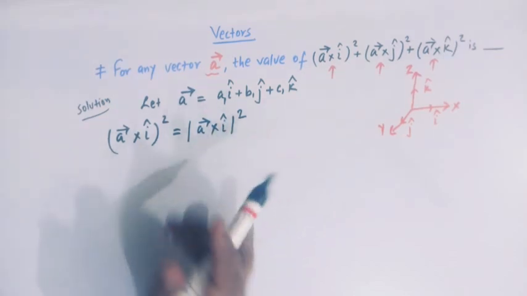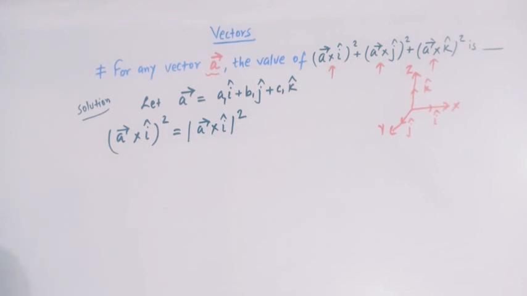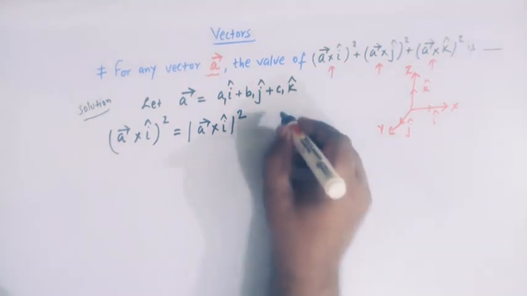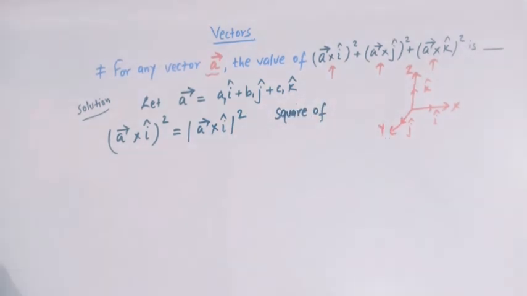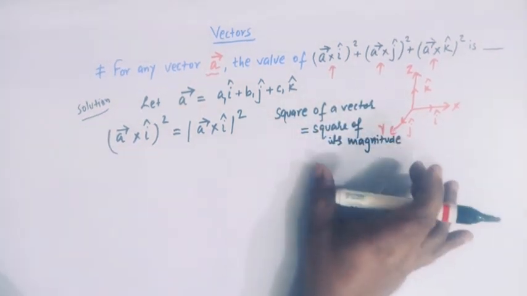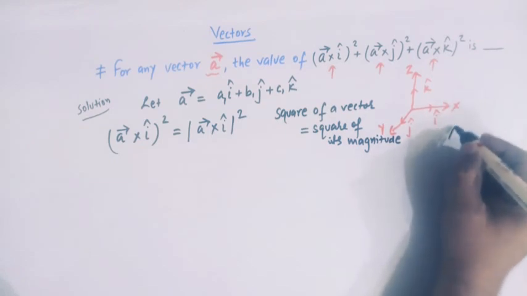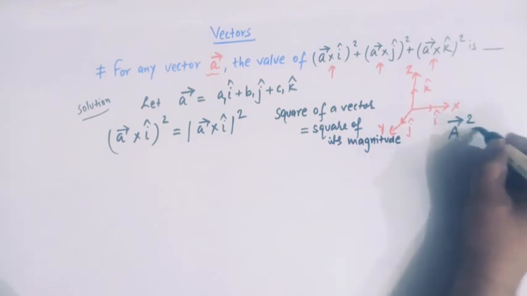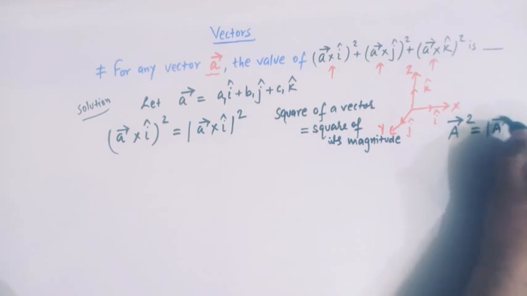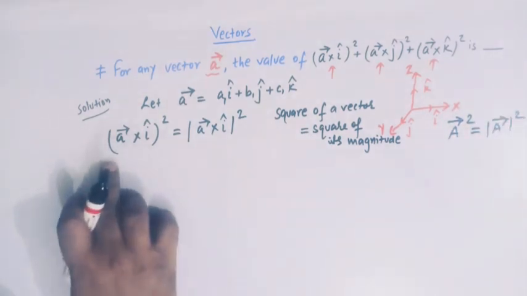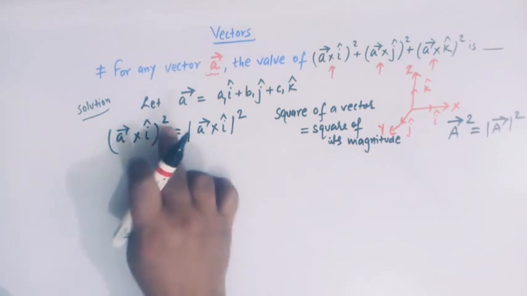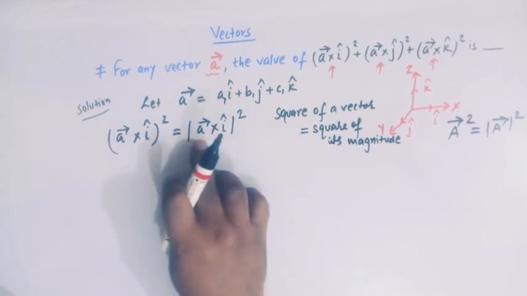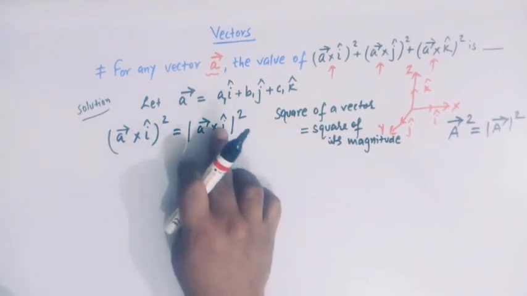So here we have used the important concept that square of a vector is equal to the square of its magnitude. So we are using this result, that square of a vector is equal to the square of its magnitude. So here vector A cross i cap is a vector, and here we have the square, and here we have the magnitude of vector A cross i cap.